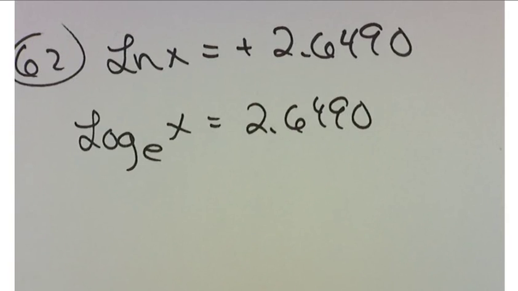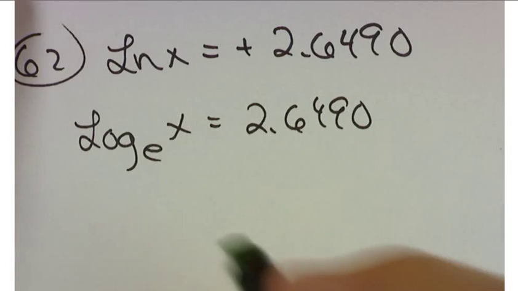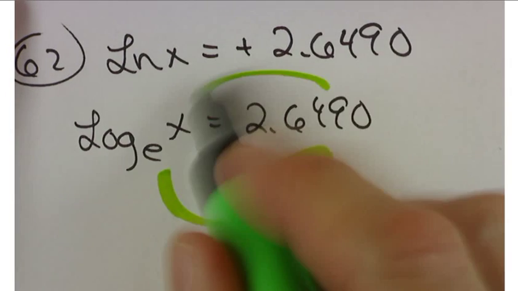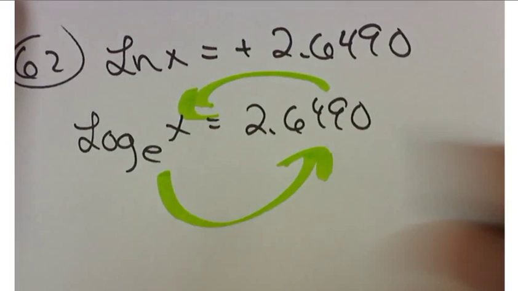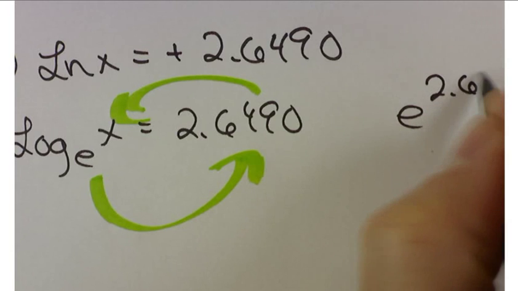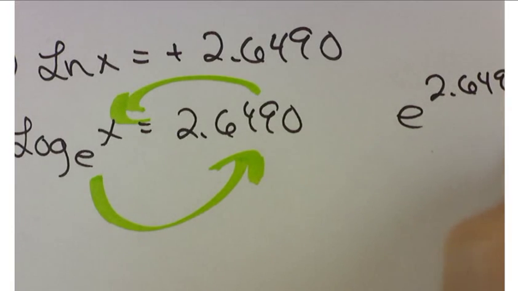Why would that help me out? Well, it helps me out because I can rewrite this now using exponents. Kennedy, what would this look like if I rewrote this using exponents? Perfect. So this is equivalent to e to the 2.6490 equals x.